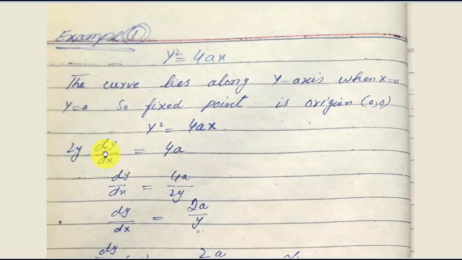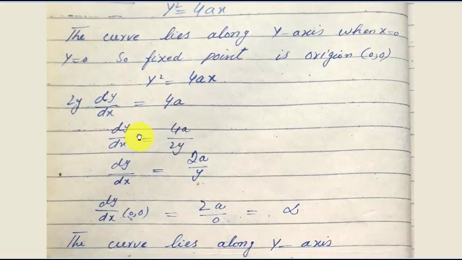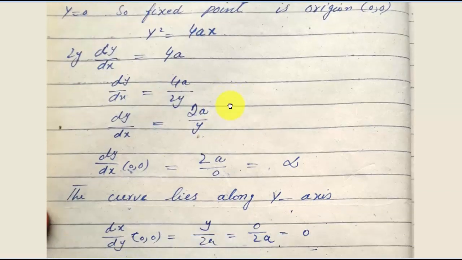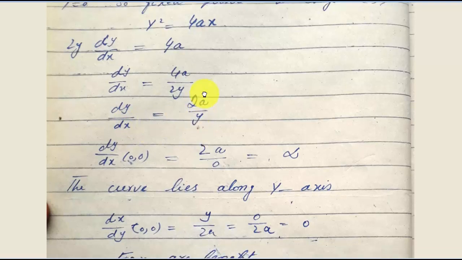Take the derivative with respect to x: 2y dy over dx is equal to 4a. Dy over dx is equal to 4a over 2y. Further, dy over dx is equal to 2a over y.